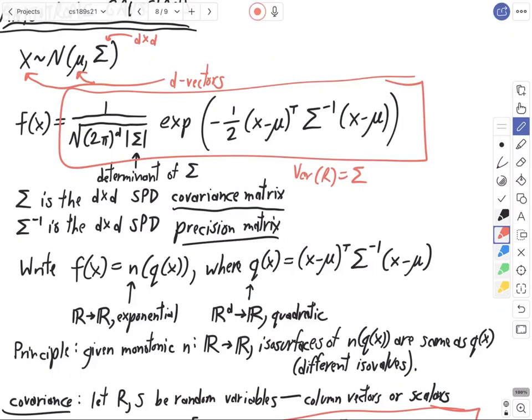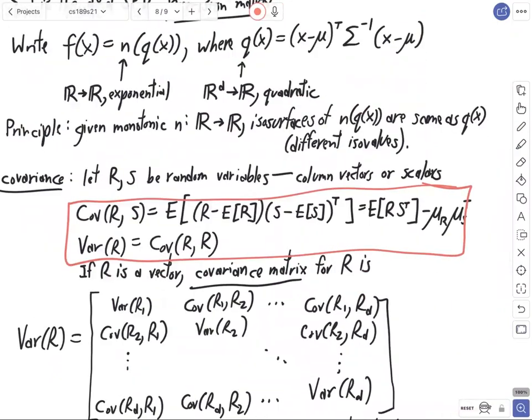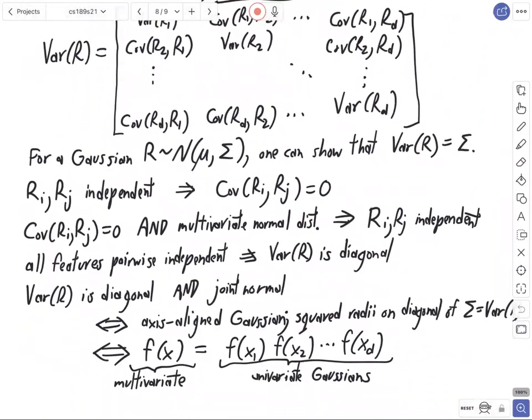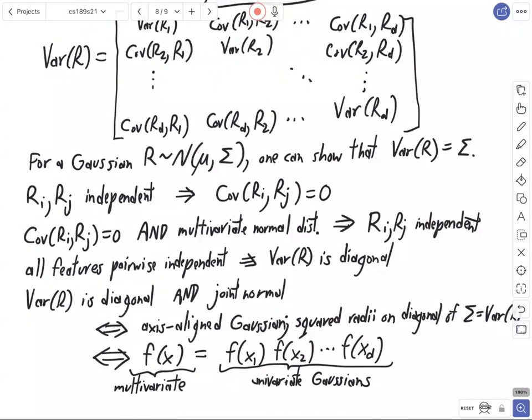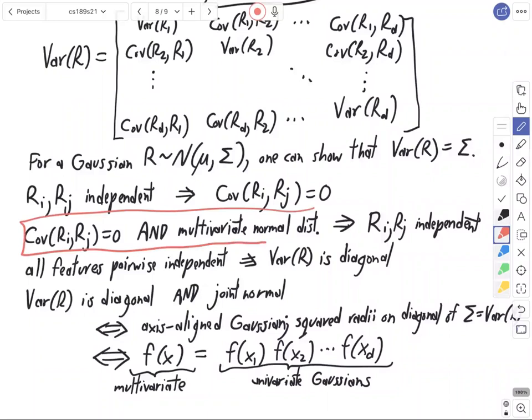Okay, let's see. Someone's asking, is it true that covariance of Ri, Rj is 0 in a multivariate normal distribution if and only if f of x equals the product of the f of xi?